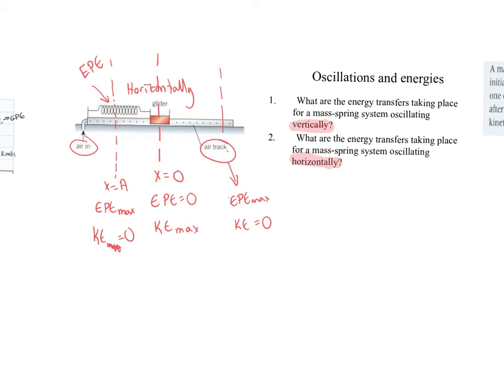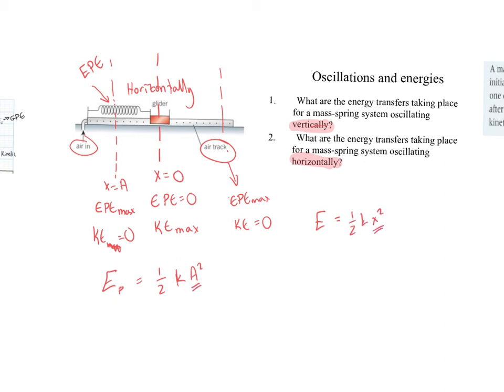Now, in terms of doing mathematical calculations, you can easily calculate the elastic potential energy stored, which is a half kA squared. So the equation for elastic potential energy, if you remember, is a half kx squared, where x is the extension.